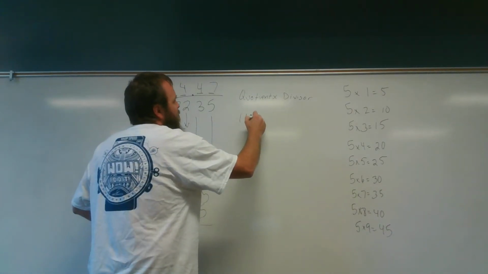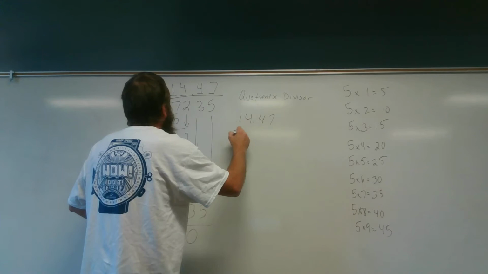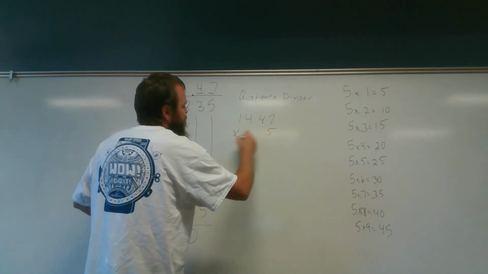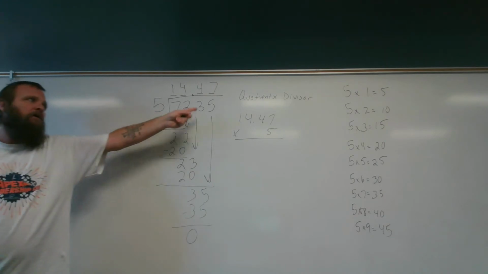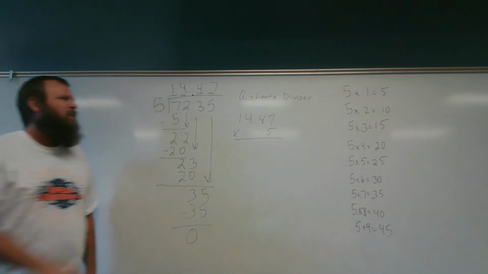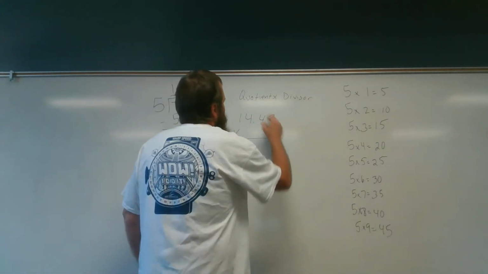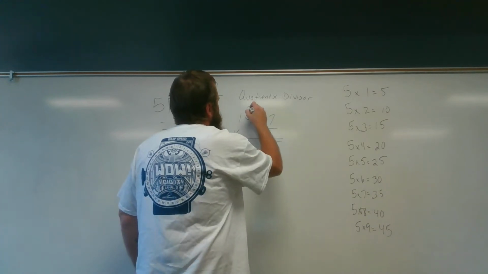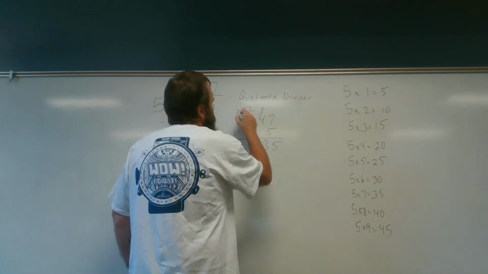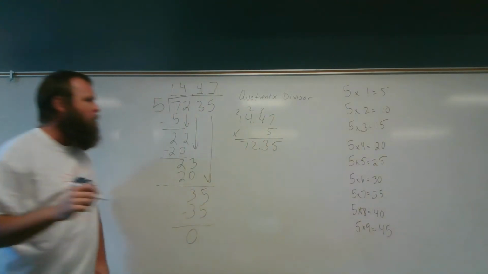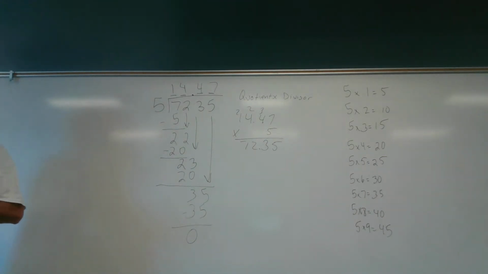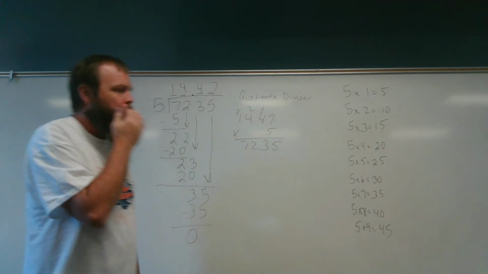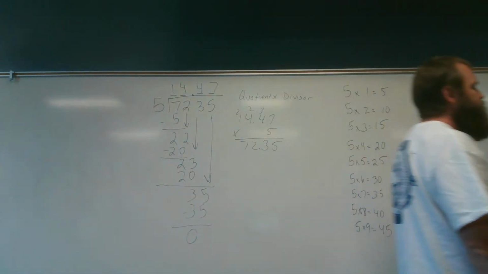So 14 and 47 hundredths times 5 should give me 72 and 35 hundredths. Boom! It worked. That's what I do.